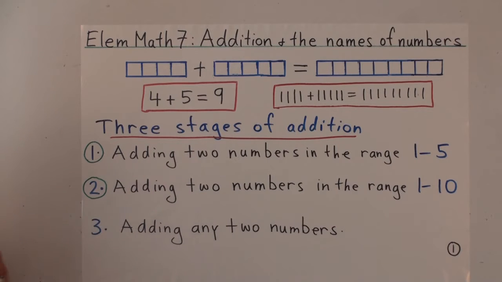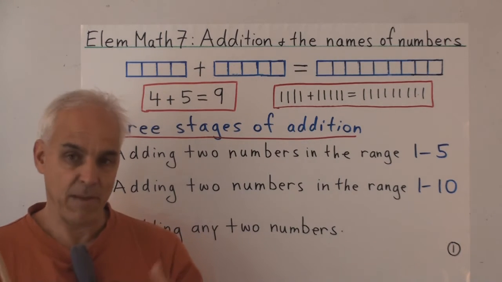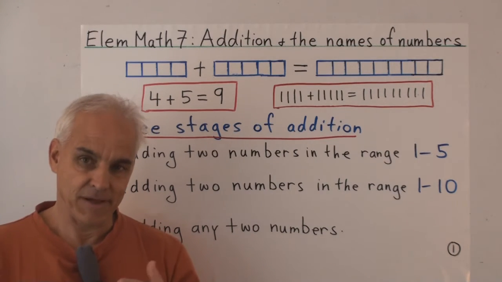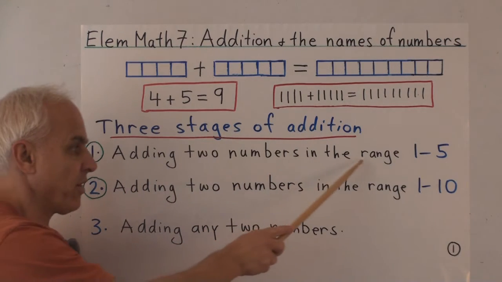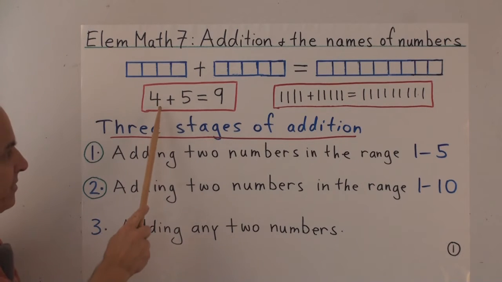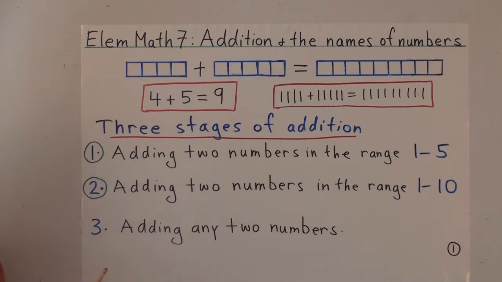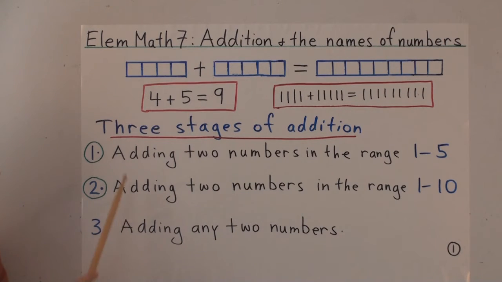Okay, in my opinion, there are sort of 3 stages of learning addition, of becoming familiar with the operation. The first stage is the issue of adding two numbers which are in the range 1 to 5. Like here. These numbers are both in the range 1 to 5. This is a particularly simple kind of addition. I think it's good for learners to start with numbers in that range.